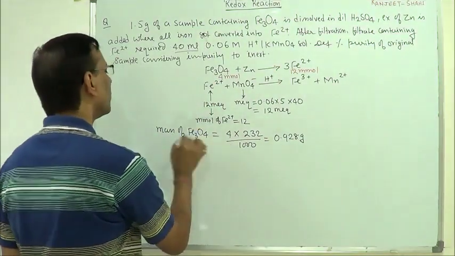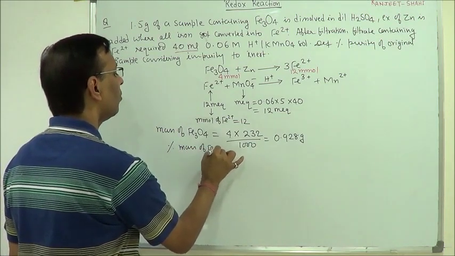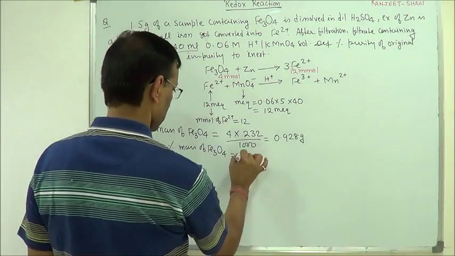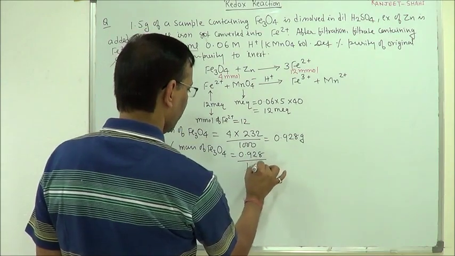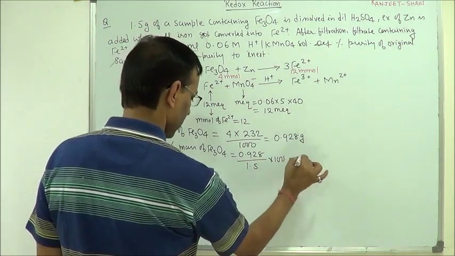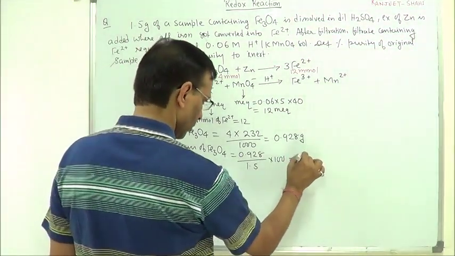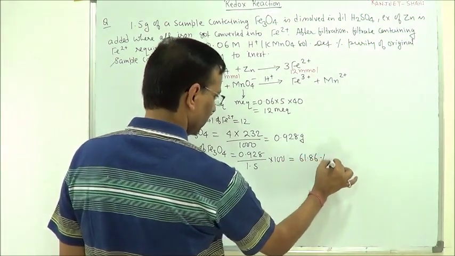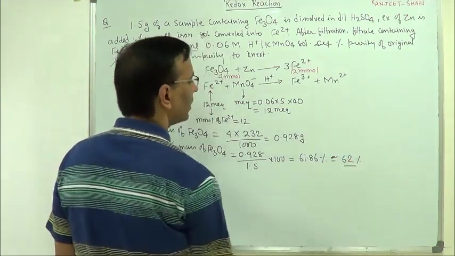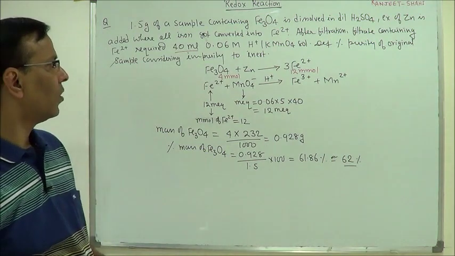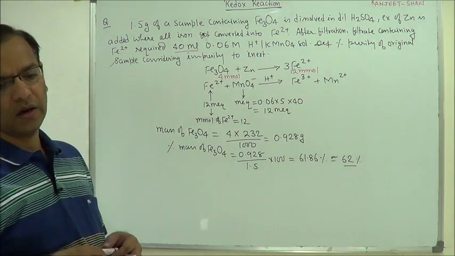And if we convert it into percentage, so percentage mass of Fe3O4 will be equal to 0.928 divided by 1.5 into 100. If we solve it, it comes out to be 61.86%, which is approximately 62%. So with this calculation, we determined the mass percentage of Fe3O4 in the original sample.